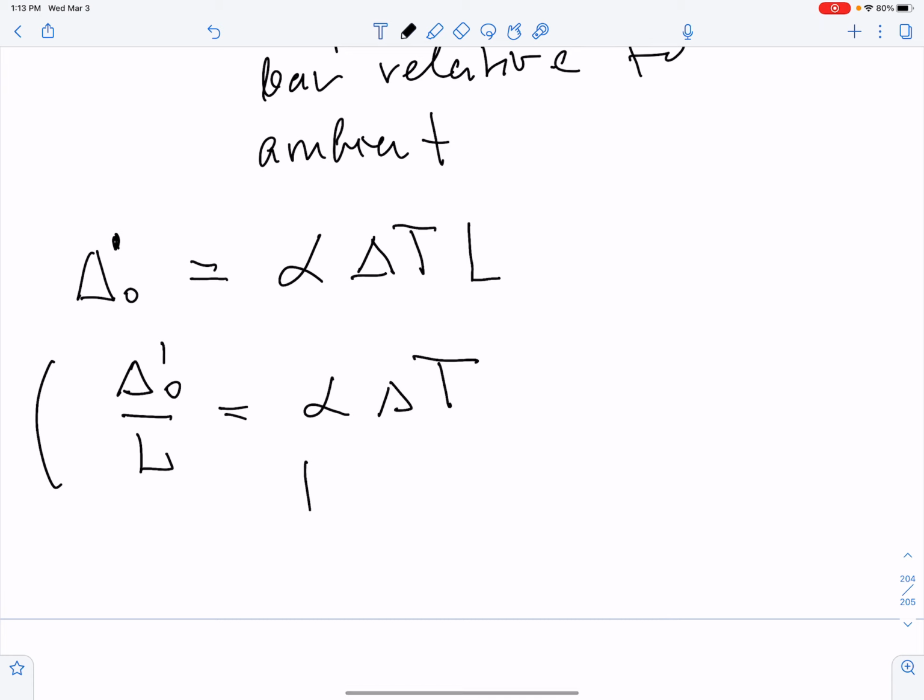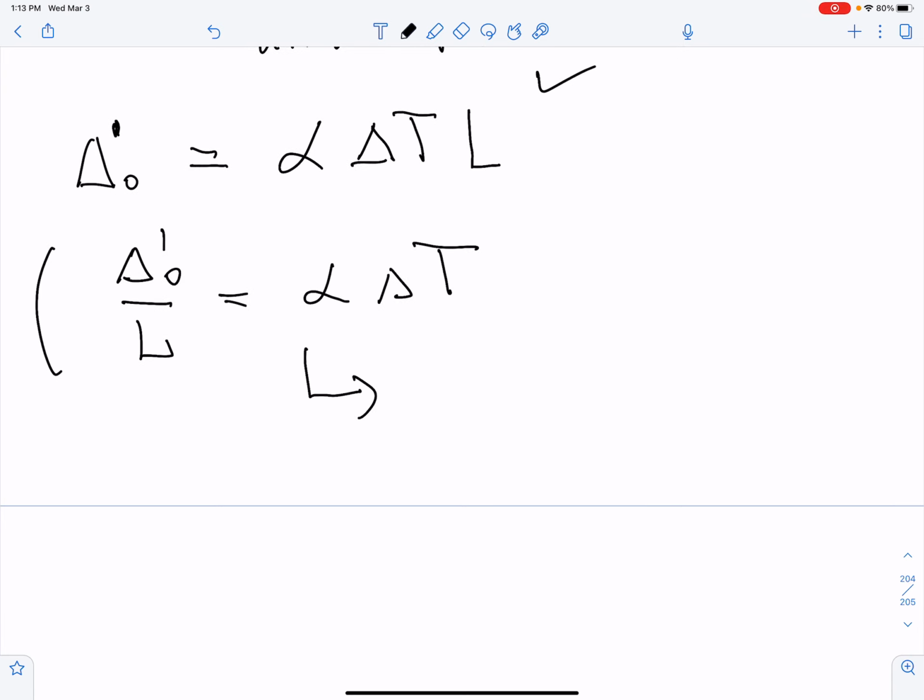Okay. So this is an interesting relationship because this guy expresses the elongation. Okay. And elongation has a length scale associated with it. Okay. And that length scale depends on how big the bar initially is. Now, if you divide through by L, this relationship here is a strain, right? We assume the strain is constant. And so another way to look at this is the application of a constant temperature difference results in a constant strain in the bar.